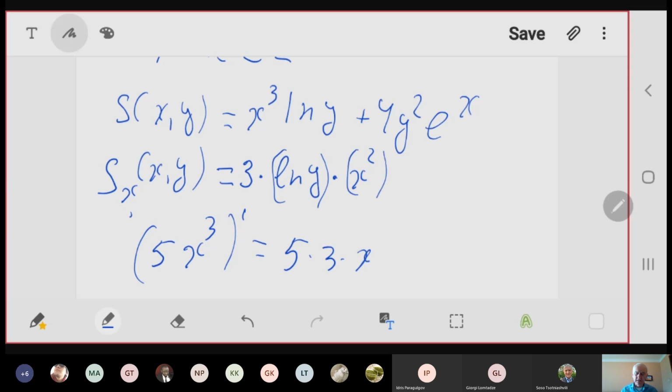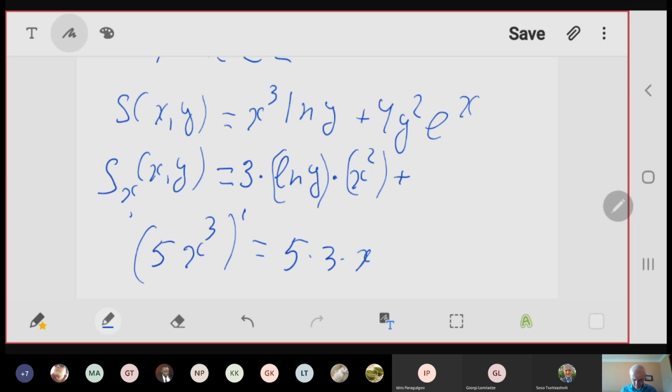I will put it in parentheses to not confuse and to be more clear. Okay, as for the derivative of 4 times y square e to power x, I recommend to all of you to look very carefully at this explanation, because quiz problems are close to this problem.